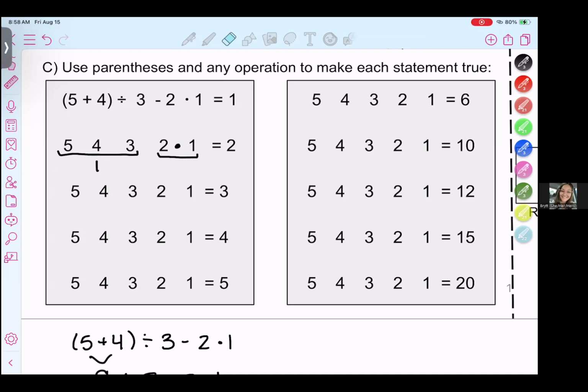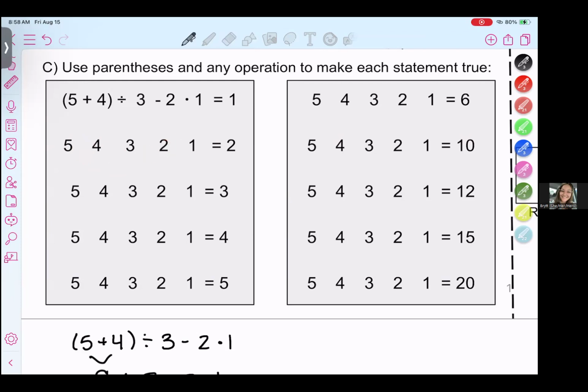If I do 5 minus 4, I get a 1. 3 minus 1 is a 2, but that's not going to help us, right? Because that's 2, not 1. I need it to be 1. If I do 4 minus 3, that gives me 1, but then I still have a 5.